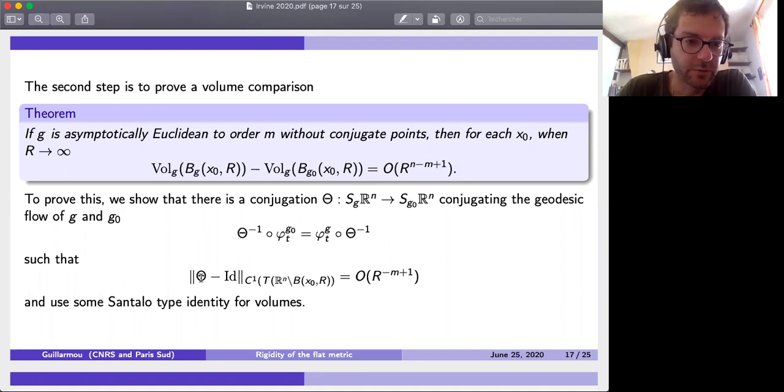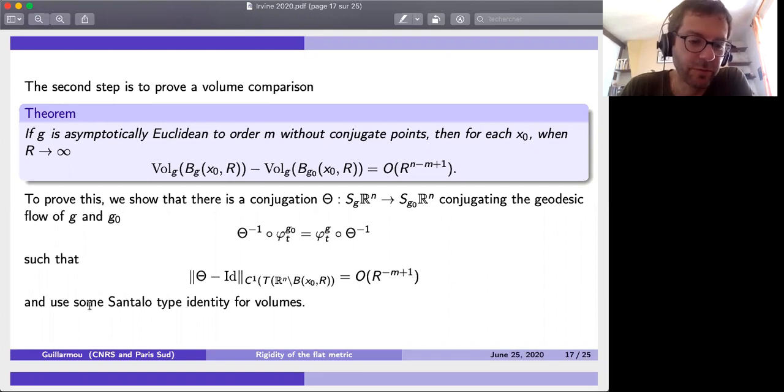Moreover, this conjugation is going to be asymptotic to the identity near infinity. So if you remove a large ball of radius R and you let R go to infinity, the C1 norm of theta minus the identity is going to be small. And the smallness is described by the order to which the metric is asymptotic to Euclidean space.